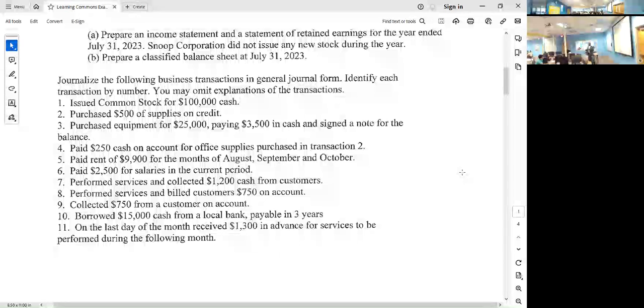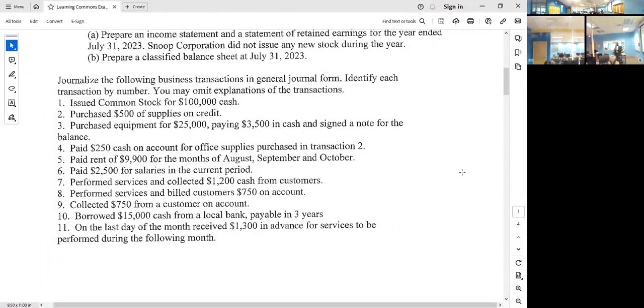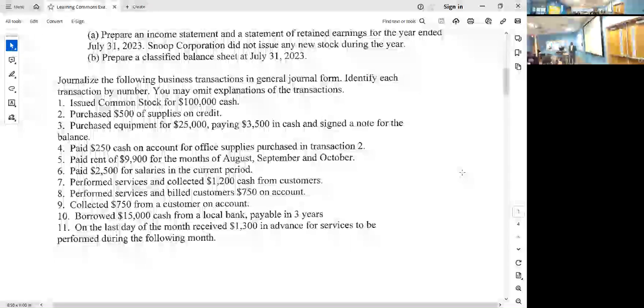They'll put some numbers up and ask what total assets or total liabilities are, and you have to pick it out. But you will record these into the general journal, usually as the last problem. I'll give you a little bit of time to record those, and then we'll talk about them.